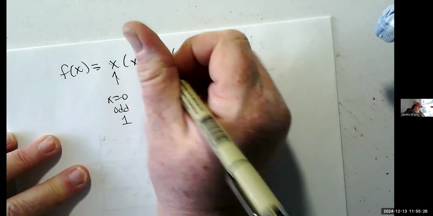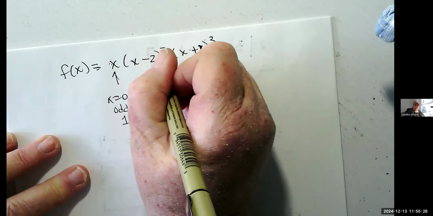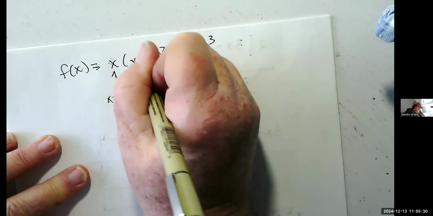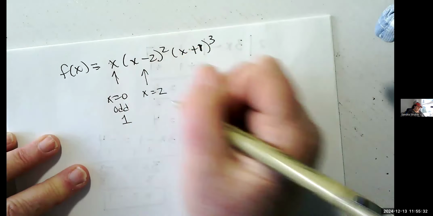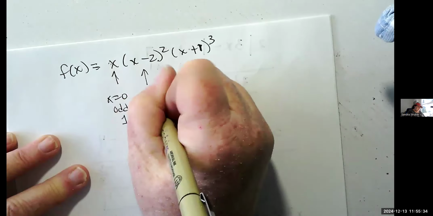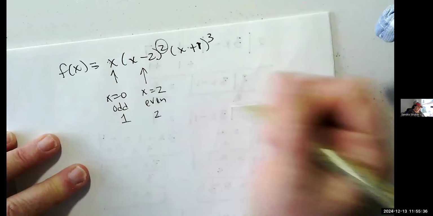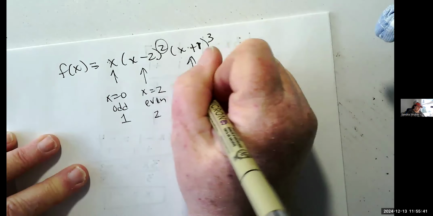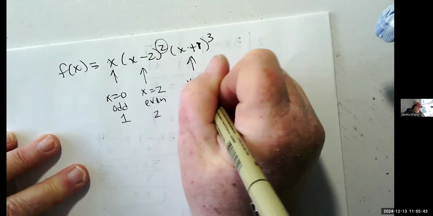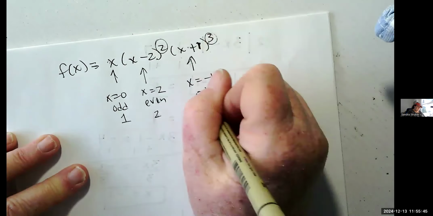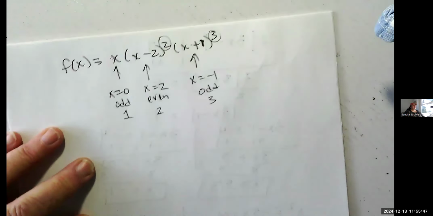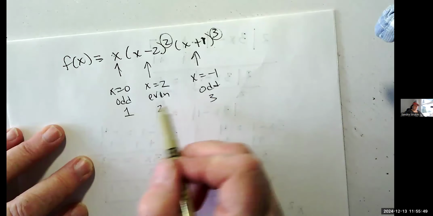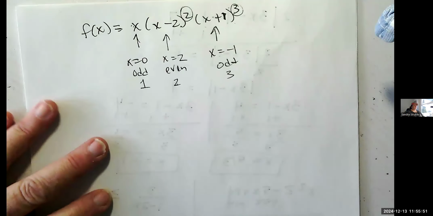This one, you're going to take the x minus 2 and set it equal to 0, and you get that x is equal to 2. It is even because it has a multiplicity of 2. And then for this one, set x plus 1 equal to 0, you get x is equal to -1, and it is odd because it has a multiplicity of 3. All right. And so the odd ones cross, the even ones bounce or touch.